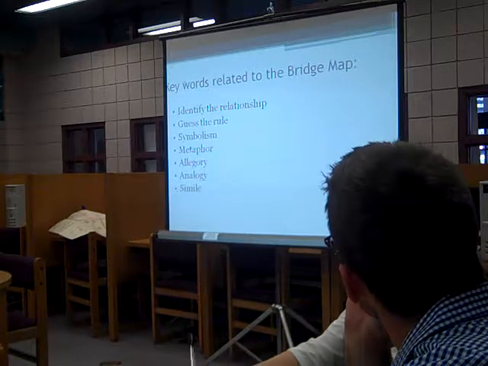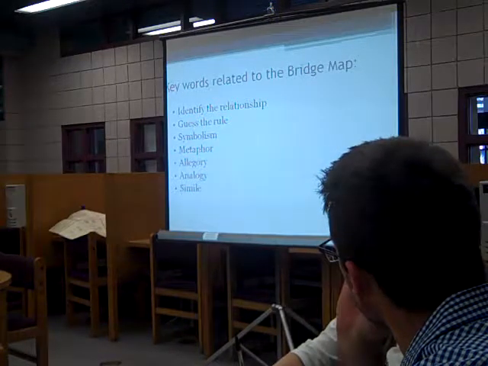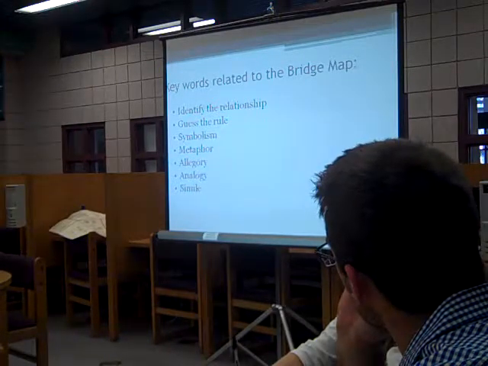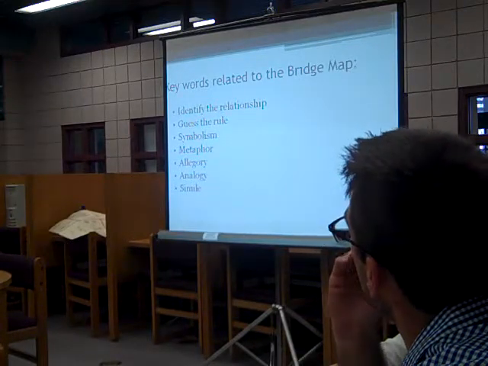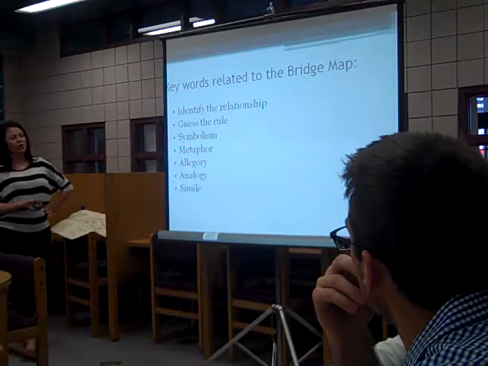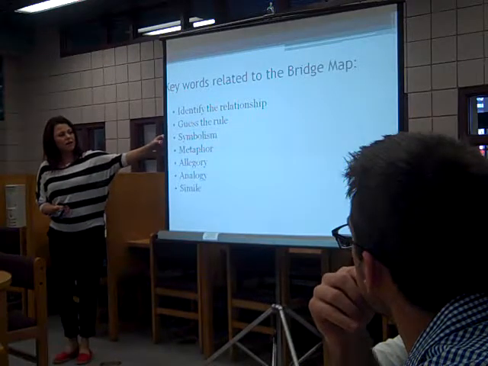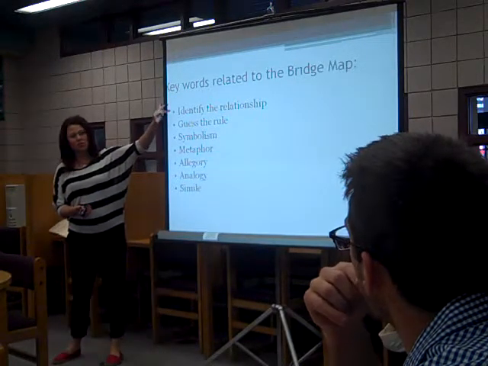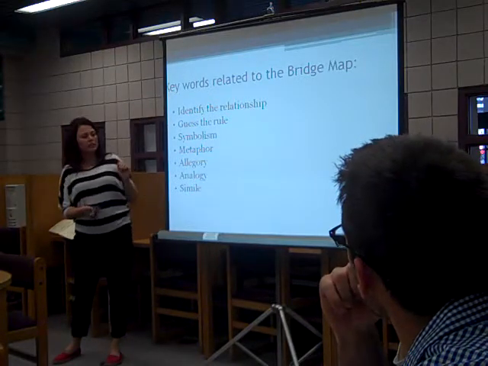Okay. Keywords related to the bridge map: identify the relationship, guess the rule, symbolism, metaphor, allegory, analogy, and simile. So you can see that it lends itself quite easily to English language arts, but obviously there's relationships in every content, so it's not just ELA.